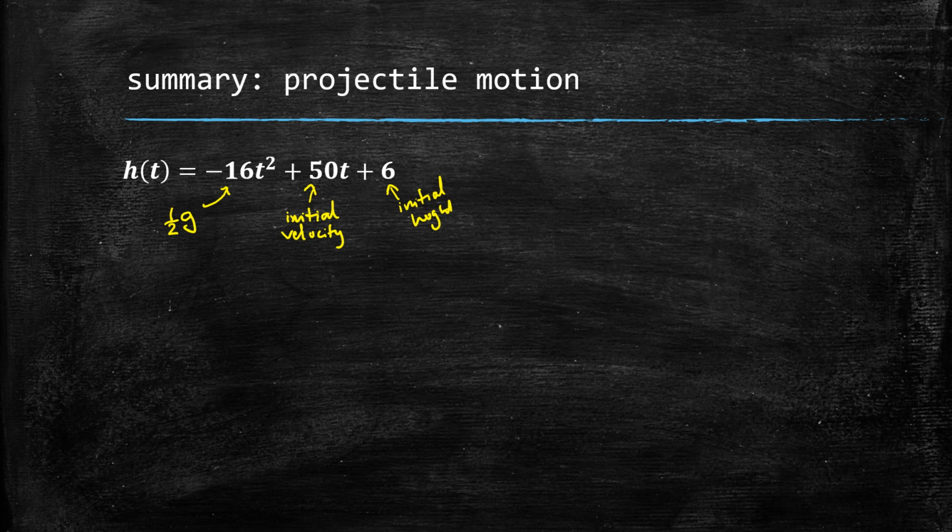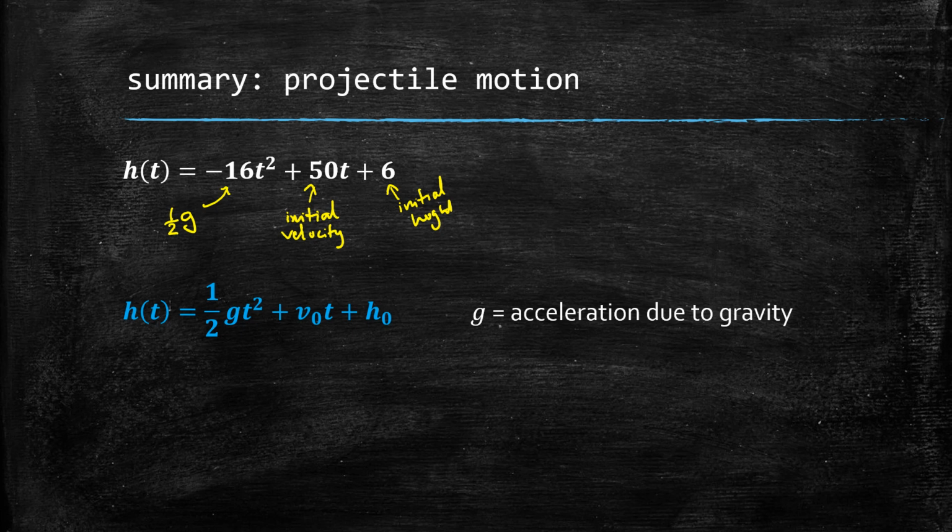So we can generalize this formula by acknowledging that the coefficient of the t-squared term would be half g, g being the acceleration due to gravity, so this could be used on the surface of any planet. This would still apply. v0 stands for the initial velocity, and h0 stands for the initial height.